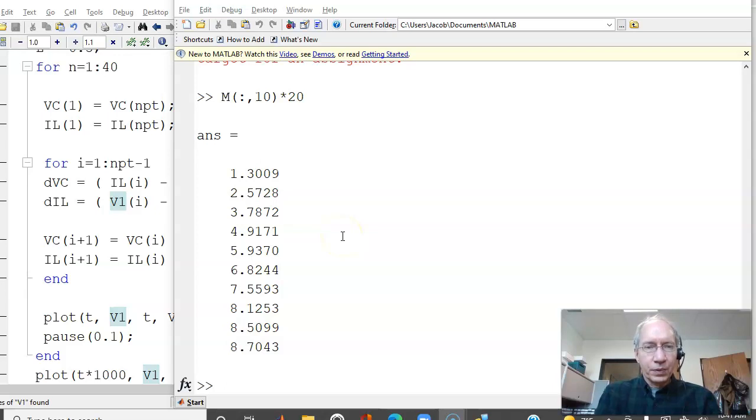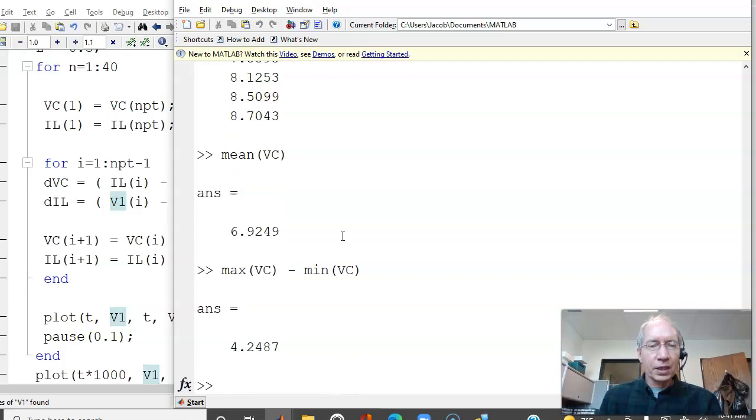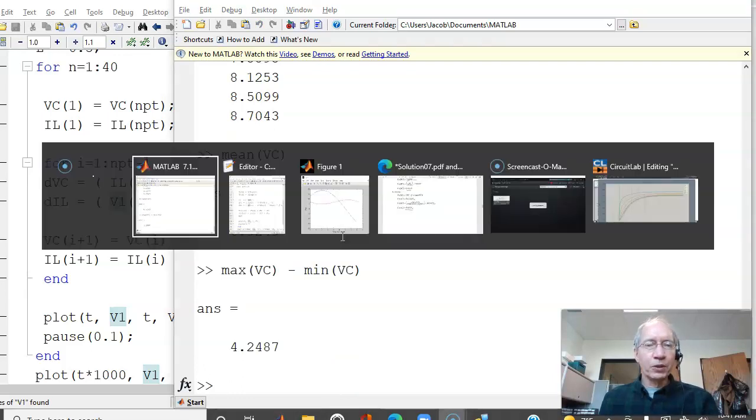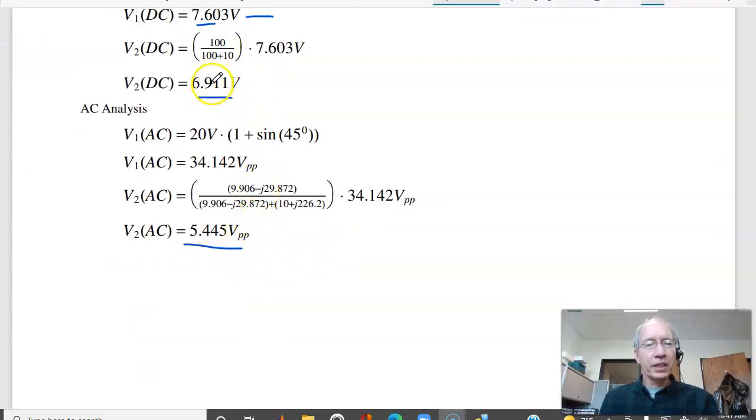So the average is 6.92 volts, and the peak to peak is 4.24 volts. So 6.92, 4.24. 6.92, about what I calculated; 4.24, a little off.